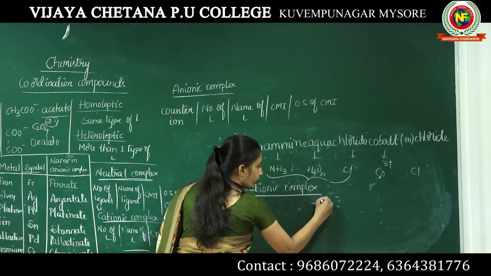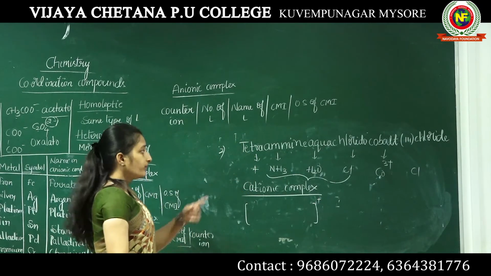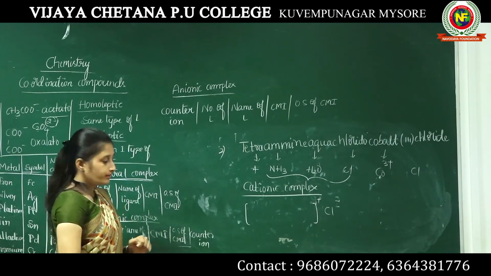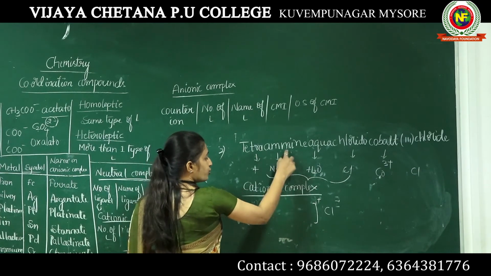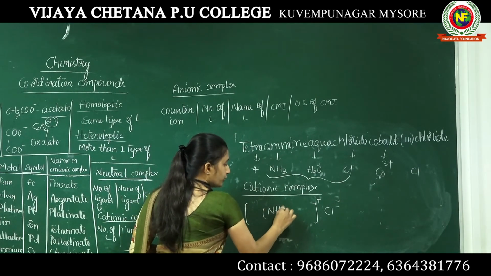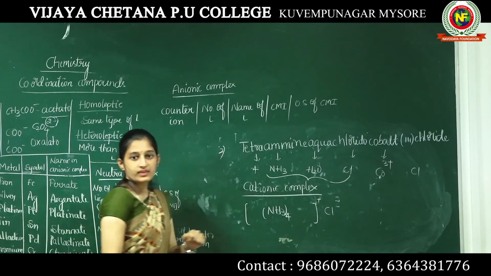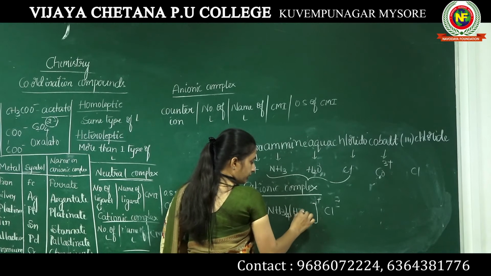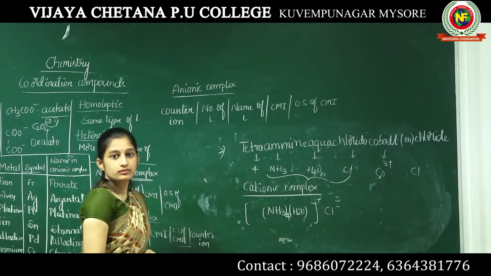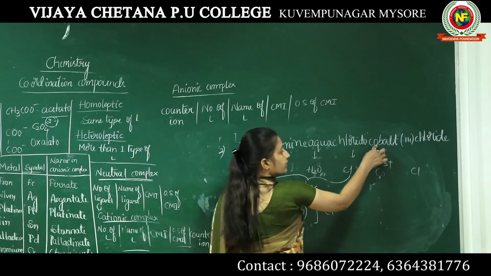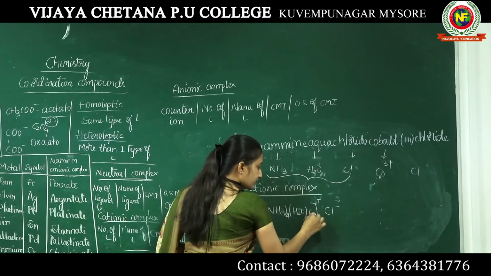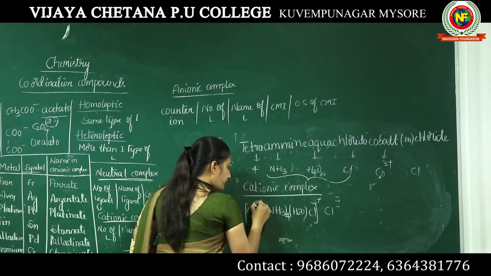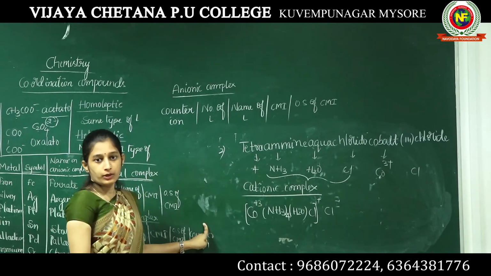it is a cationic complex, so positive. Next, the counter ion is chloride, minus. Simple, too simple. Now, the first one, tetraamine, means the amine group 4 times. Aqua, water, H2O. Chlorido, Cl. Cobalt has plus 3 state, we must mention that, plus 3.